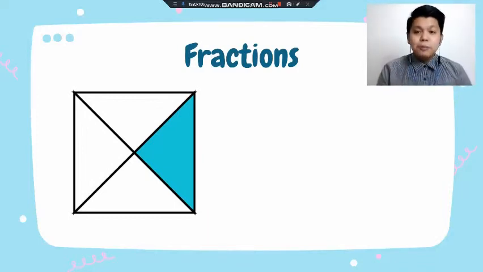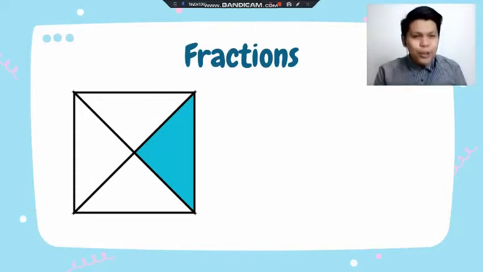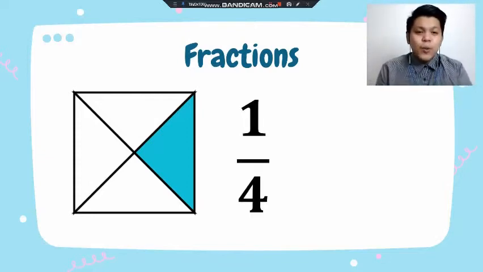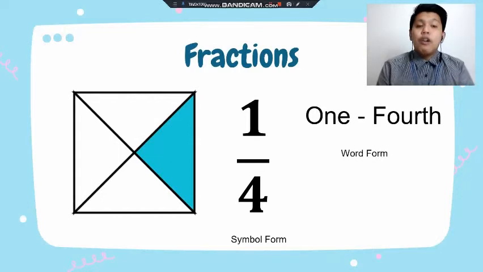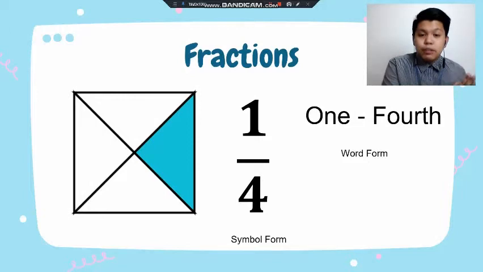So that will be 1/4. Very good. So 1-fourth. Great. So you are now applying the counting number for the numerator and ordinal number for the denominator.